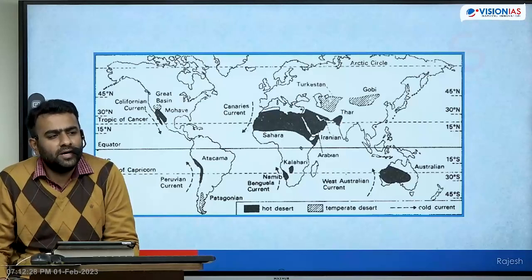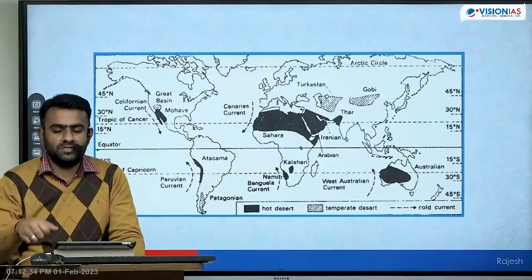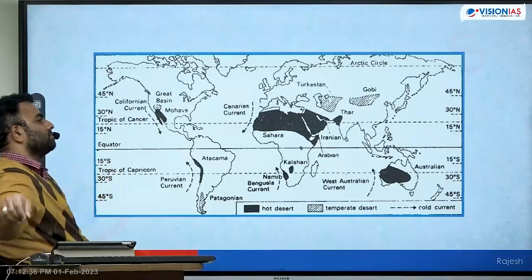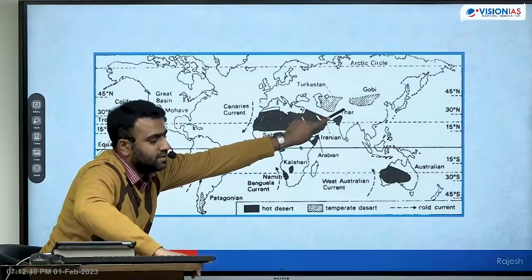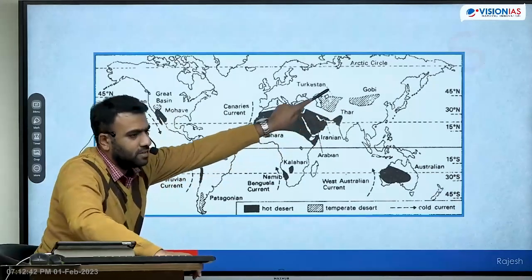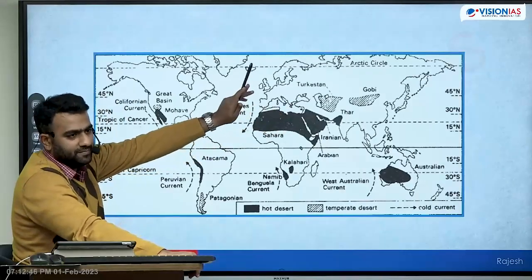Or they are located along a rain shadow region. For example, the Gobi Desert is in China. Located in the continental interior, the winds from whichever direction are totally dry.